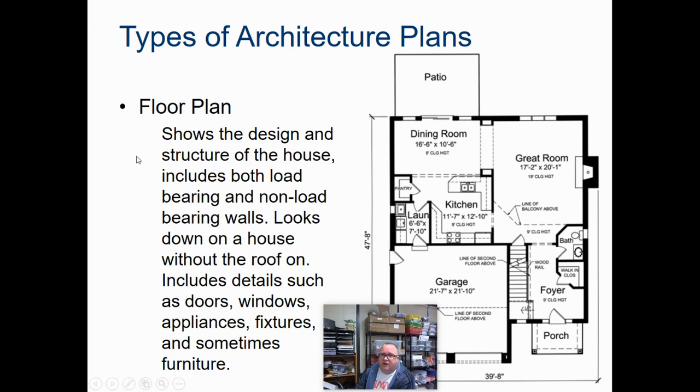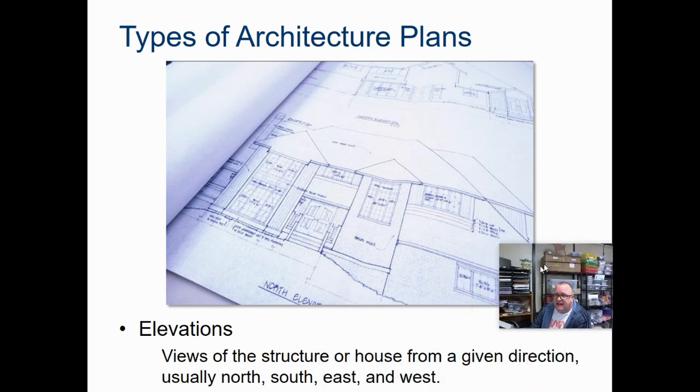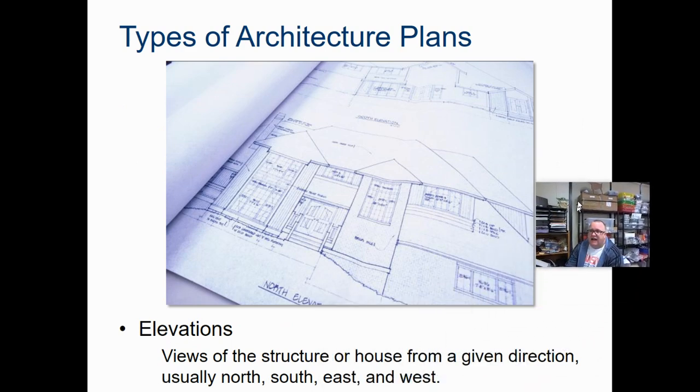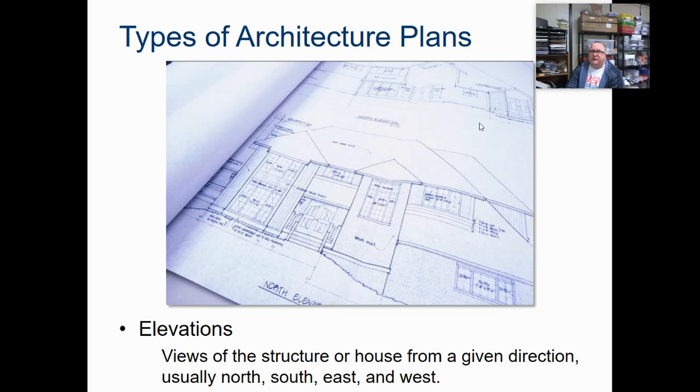The next type of architecture plan is elevation. I've only seen elevation when you're building a house. I believe when in college, they built my fraternity house, so I remember seeing architectural plans like this.